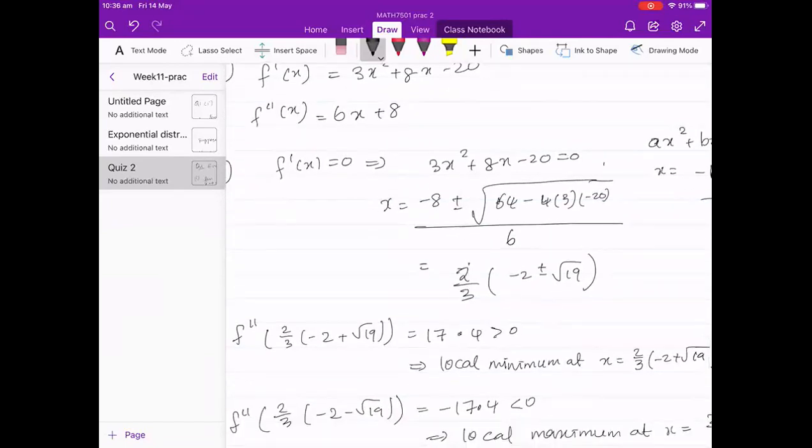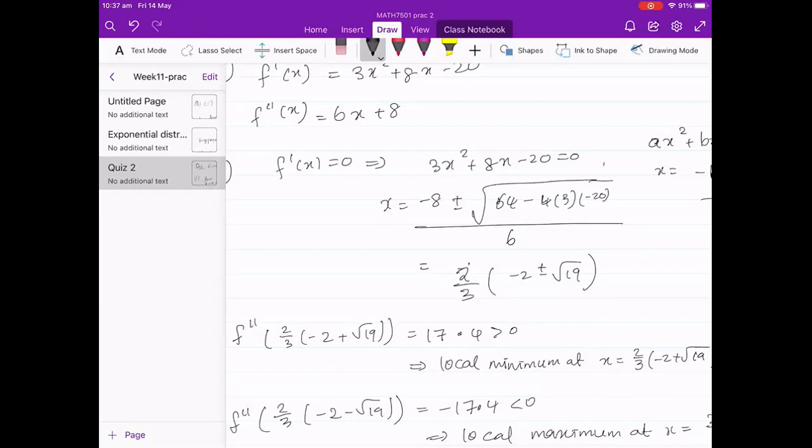And for the second point, I got minus 17. Is that right? Minus 17.4, which is negative. Let me check.